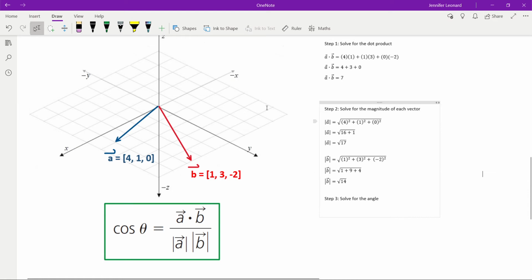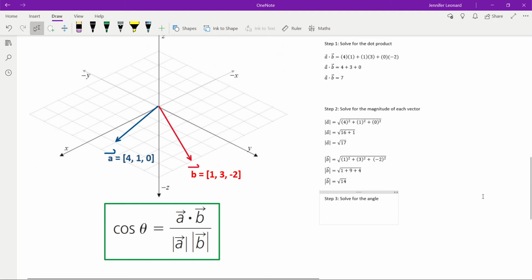Alrighty, so we found each part. Now it's just a matter of filling in our formula. The advantage of using this version of the formula is that all of your unknowns, in this case theta, are on the left, and everything we do know is on the right-hand side. We figured out our dot product, that was just 7.